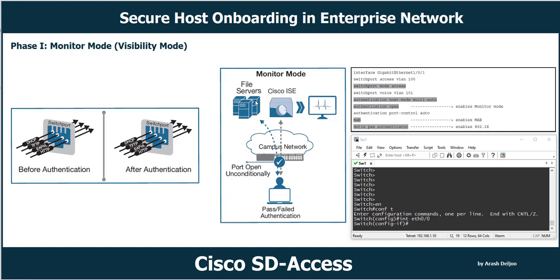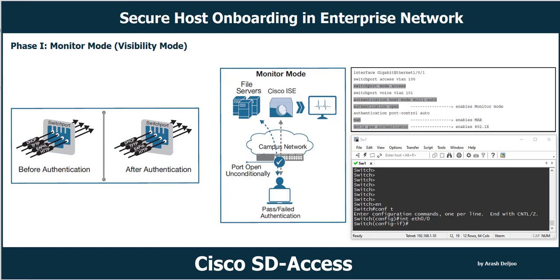It can reach the file servers. But as you can see, the information from Cisco ISE in monitor mode will be sent to the monitoring platform that you have, for example. Monitor mode does not have an effect on the end user's access, which makes it seamless, and the administrator can gain visibility into the endpoint's authentication status without disrupting the endpoint access.